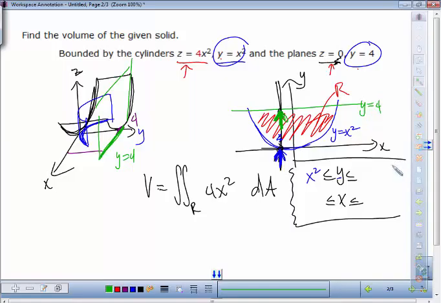Y is equal to 4 in this case. And how about our x? Where does our x go? So they intersect here at positive and negative 2, right? So from negative 2 to 2 are your constant outer limits.